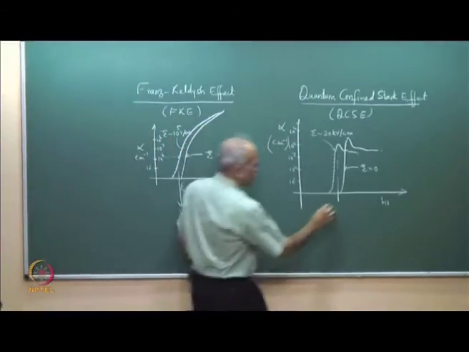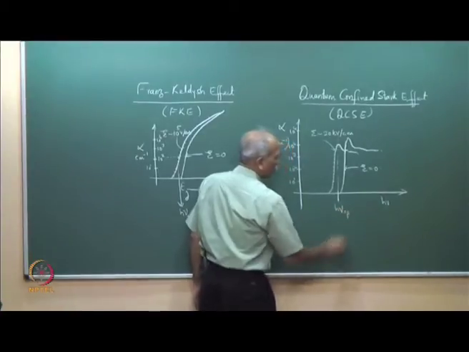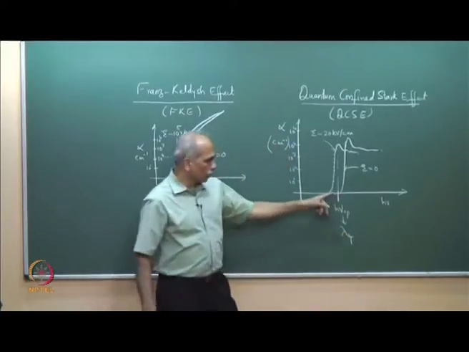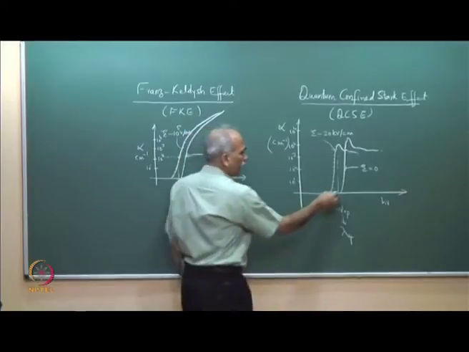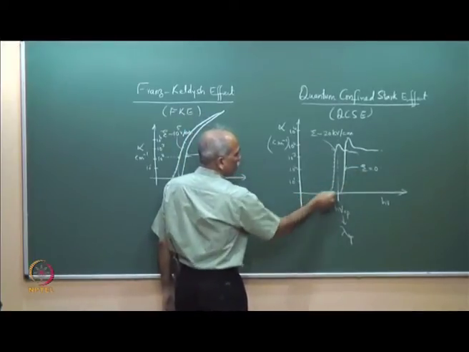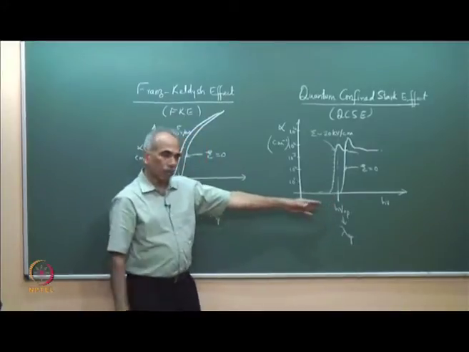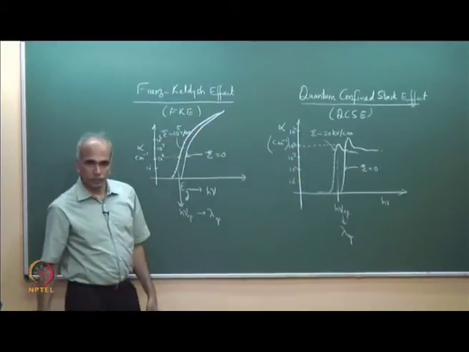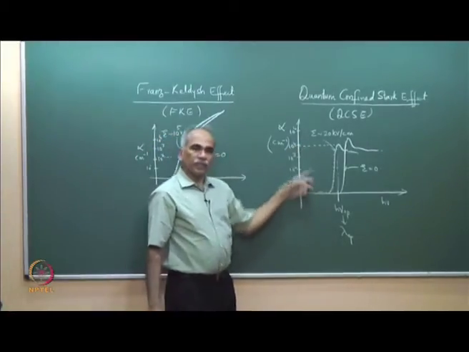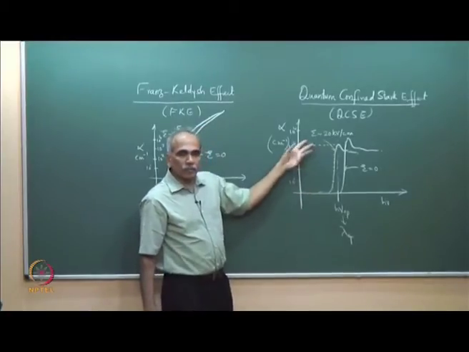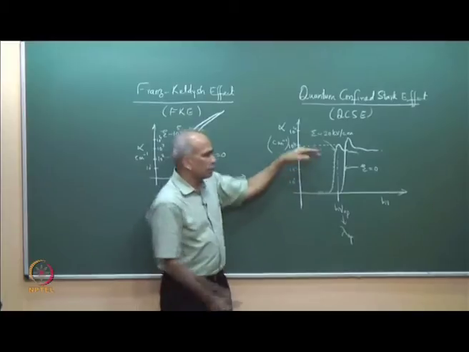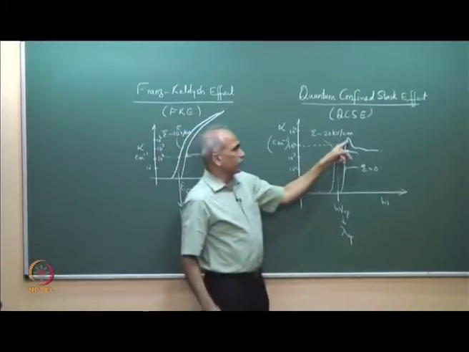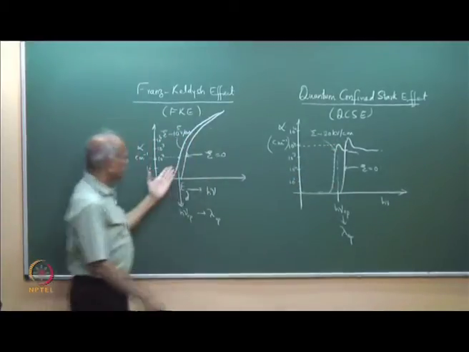If you choose h nu operating, and corresponding to that a lambda operating, such that you are located here in energy, then in the absence of the electric field, the attenuation coefficient here is negligibly small, and when you apply the electric field, the attenuation coefficient jumps to a large value. So, the primary difference here is because of the quantum confined Stark effect. The primary difference is a large change in attenuation coefficient, and the excitonic peak adds to it, because here there is no peak.